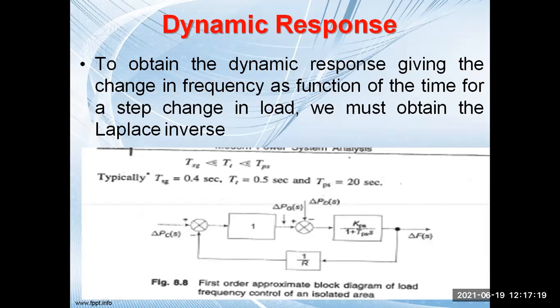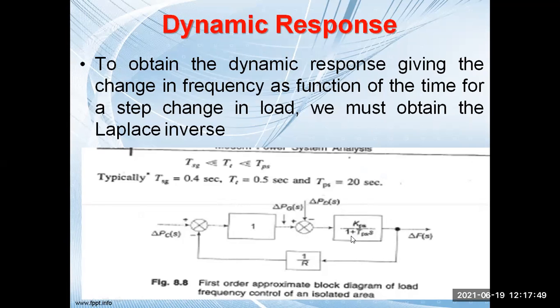To obtain the dynamic response giving the change in frequency as a function of time for a step change in load, we must obtain the Laplace inverse. Here you see the total block is approximated as 1. That means we have assumed that KSG, TSG, KT, TT values are nearly equal to 1.